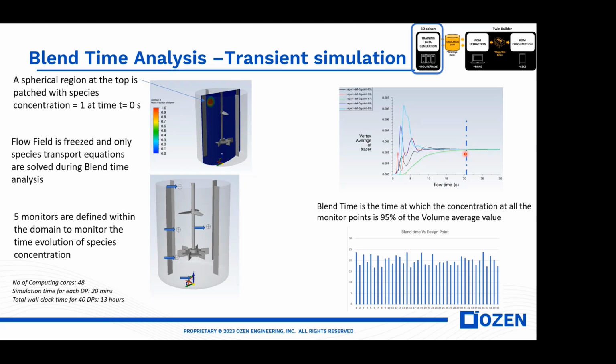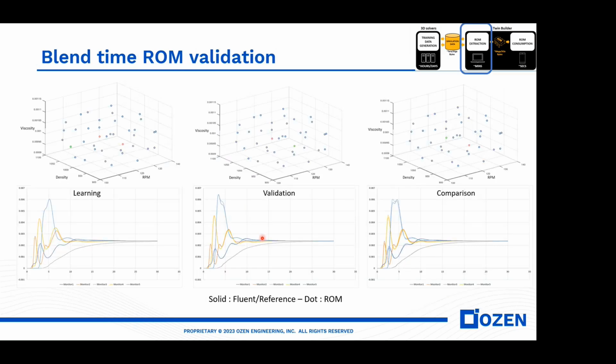So this effectively means the concentration of this species which has been injected at this point is now uniform throughout the vessel. So I get a design point distribution for the blend times for different operations, like this RPM rate in this case, and I can create a matrix for this.